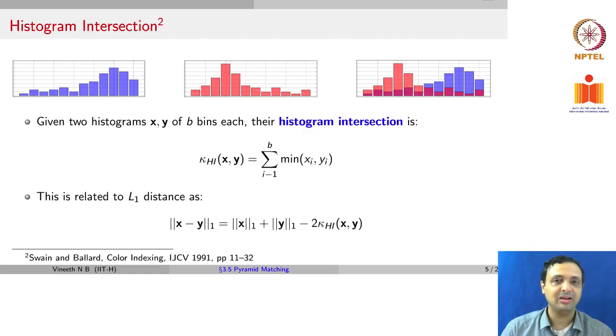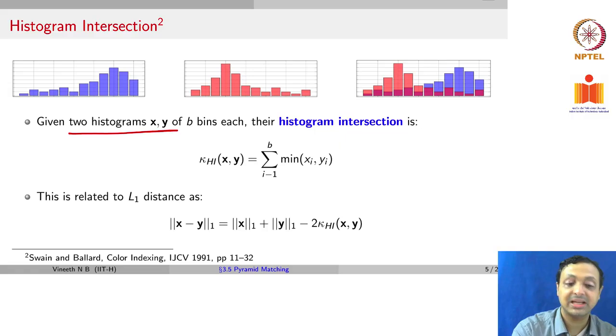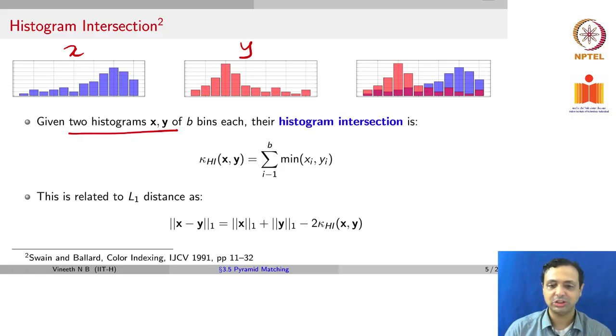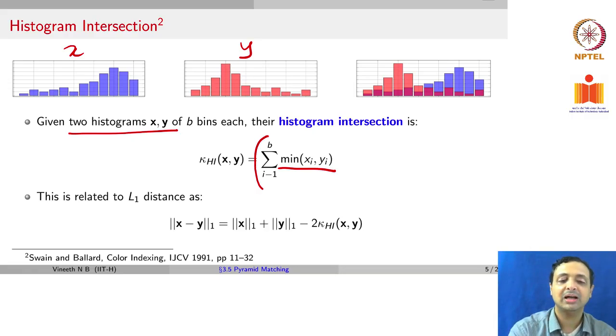Let's start with defining our histogram intersection, because we're going to define histograms in both images. Obviously, we're going to define them at multiple levels, but let's first talk about how you match histograms in this context. If you had two histograms X and Y of B bins each, we define the histogram intersection as the minimum of Xi, Yi, one element of the histogram in both of these, and sum these up over all the B bins.